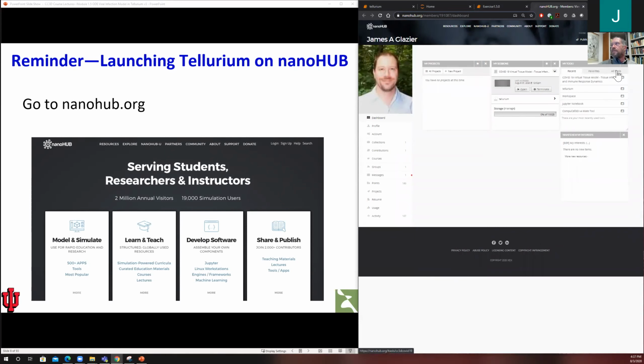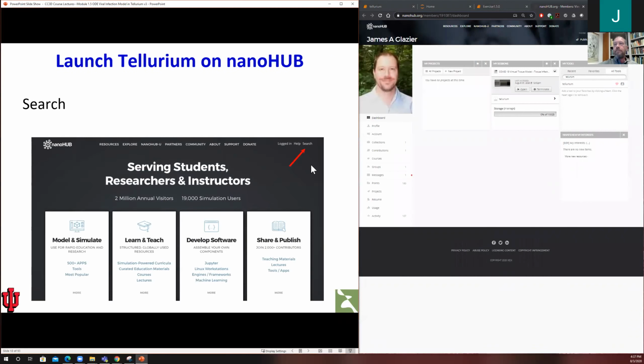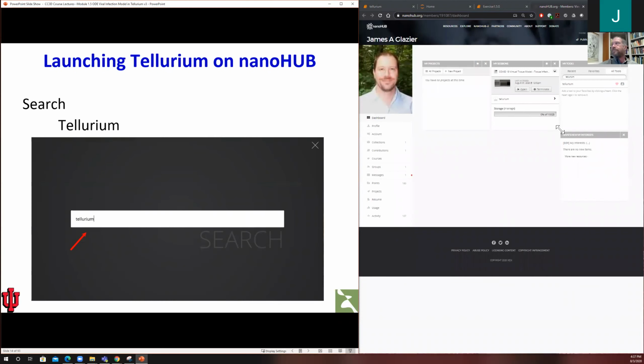And then in desktop, if you don't have it already, type Tellurium into the search bar. Okay. Everybody got that? I don't hear any objections, I'll assume people are able to find it. I recommend favoriting it so you know how to get there, and then launch it.